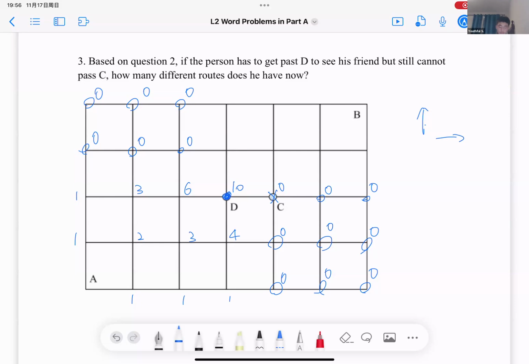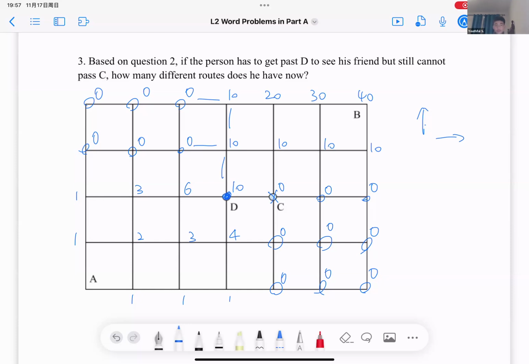So in this one, what is 10 plus 10? 0 plus 10 is 10. 0 plus 10, 10. 0 plus 10, 10, 10, and 10. This is 20, this is 30, this is 40. So the correct answer should be 40.